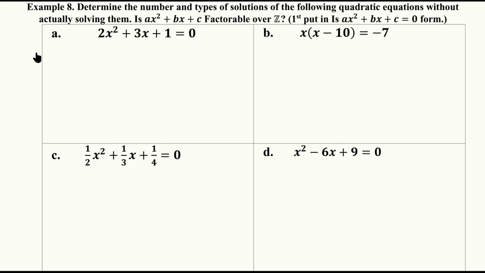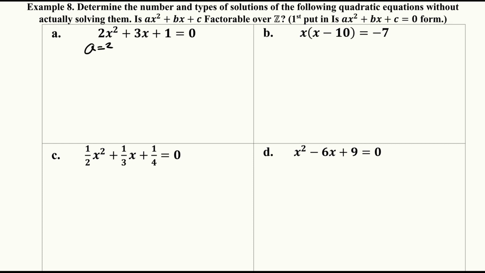And why would you want to do that? Because it's so much easier to just look at the discriminant, right? So let's make sure that, first of all, they're all in the proper format. Because remember, to use the discriminant analysis we just did, we have to have not only ax squared plus bx plus c equals 0 form, but we also have to make sure these are all integers. In this case, this one is good to go. So we just extract a, b, and c.